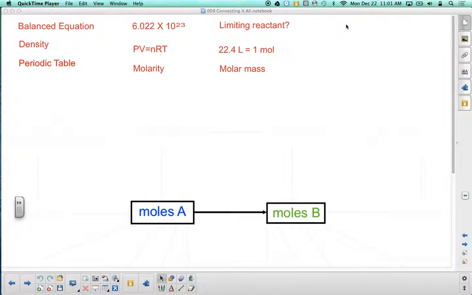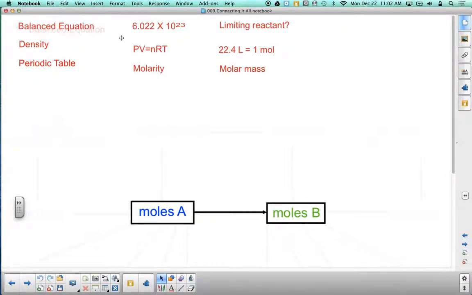And in the middle of all of this is this idea that we can go from moles of A to moles of B. So right in the middle of your page, I want you to put moles of A to moles of B. The connection between moles of A and moles of B comes via the balanced chemical equation.